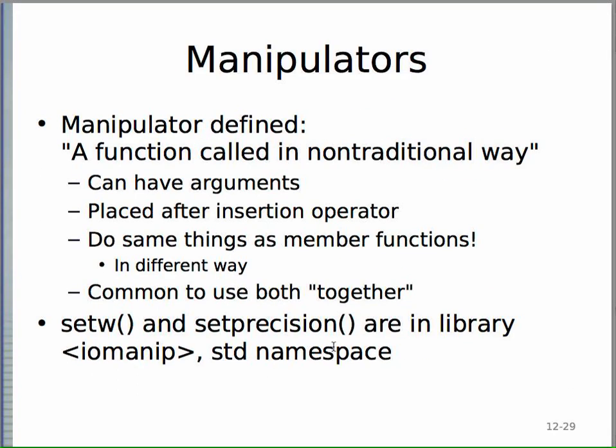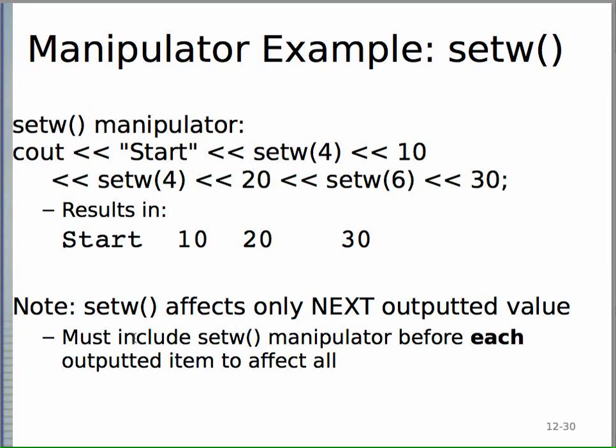I want to quickly go over manipulators. Manipulators are things that you put into a stream using the insertion operator. For example, let's take setw or setprecision. They are manipulators defined in the iomanip library, also in the standard namespace.